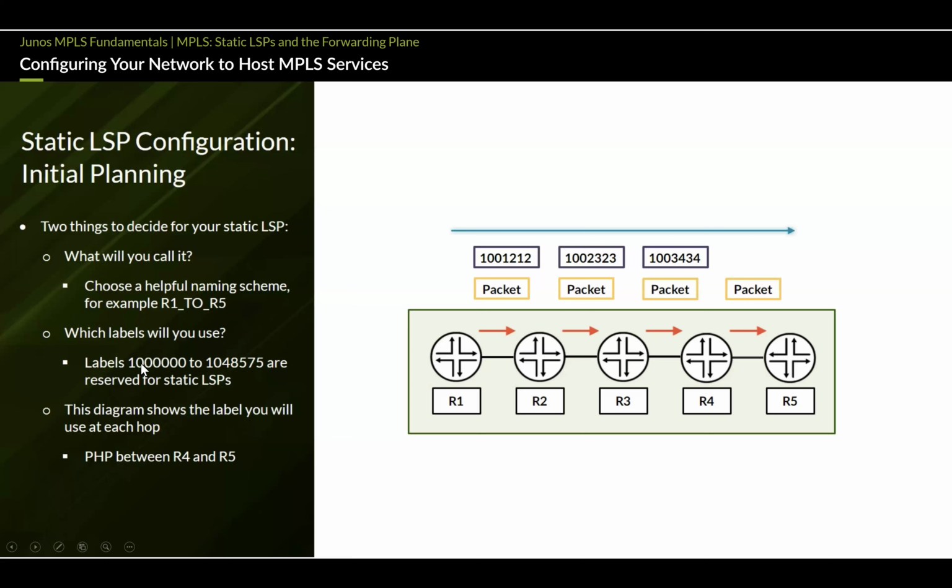When you want to configure a static LSP, you can use the static LSP label range. This is the starting value for static assignment, and this is the ending value. Labels from the starting value to the ending value are reserved for static LSPs.